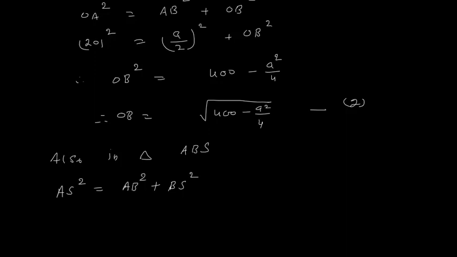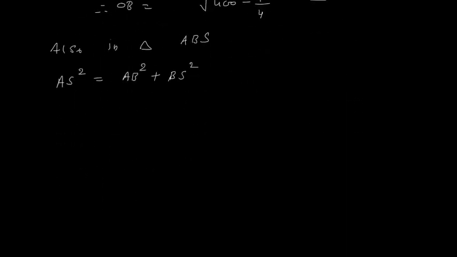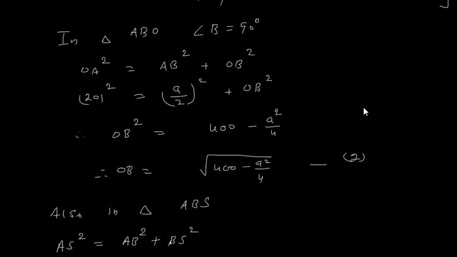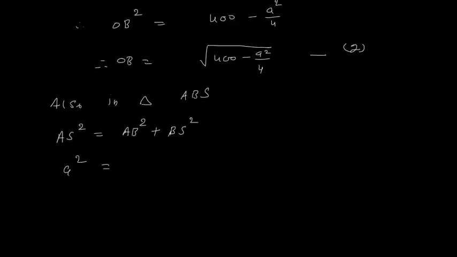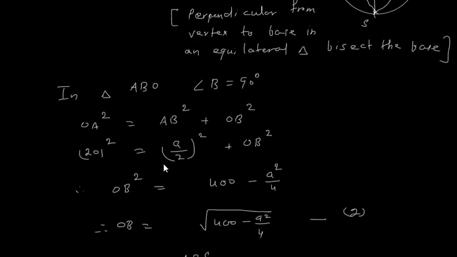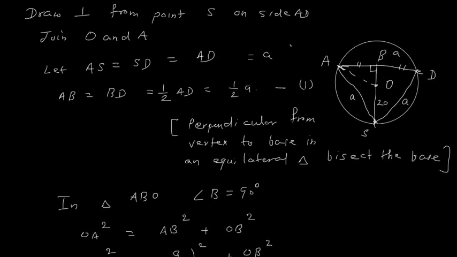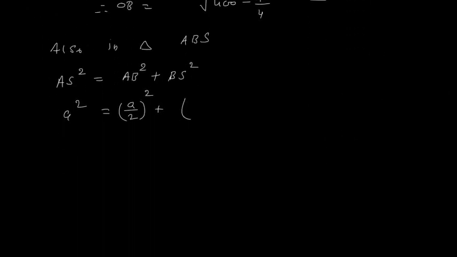Now the value of AS is A, so A square is equal to A by 2 whole square plus BS square. The value of BS is SO plus OB, and SO is 20, so this is 20 plus OB the whole square.